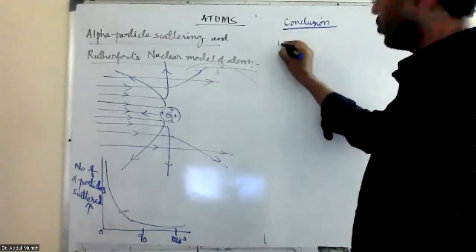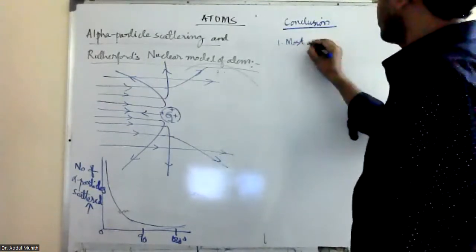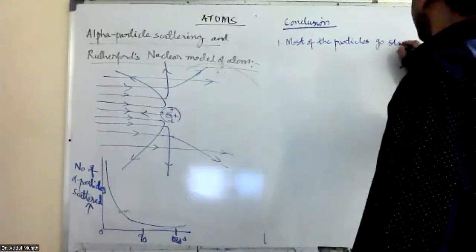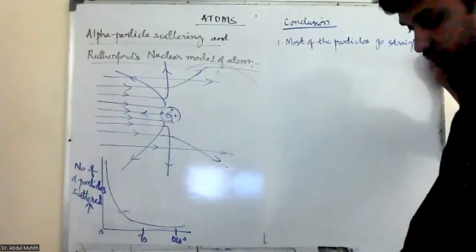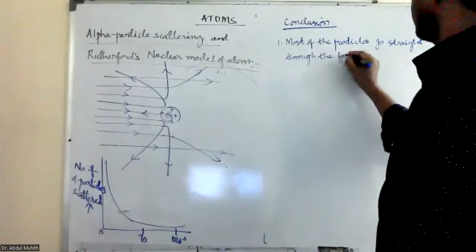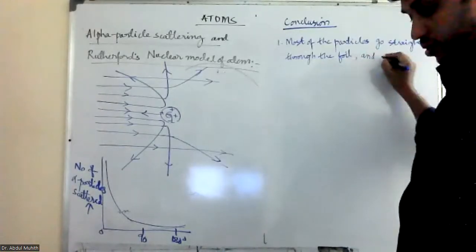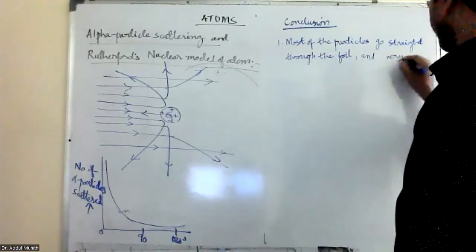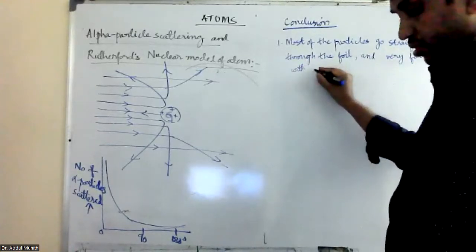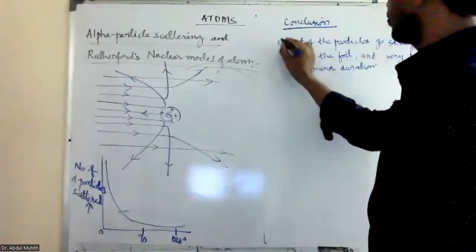The first one: most of the particles go straight through the foil, with only minor deviations. This is the first one.